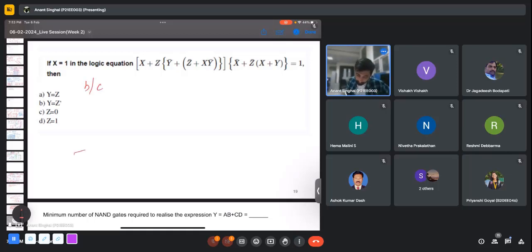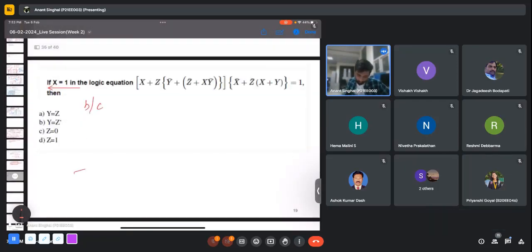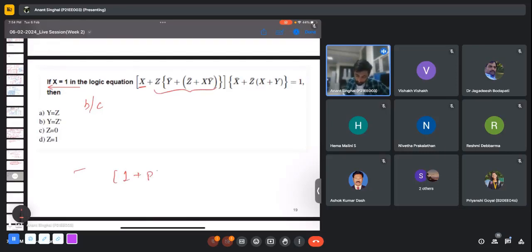So let's check. In the given question, it says that x is 1. Then we need to calculate what is y or what is z basically. If x is 1, you can clearly see the first term will be 1 plus something, a long variable, which I am replacing by p. Then I'm getting x complement plus z complement times x plus y.